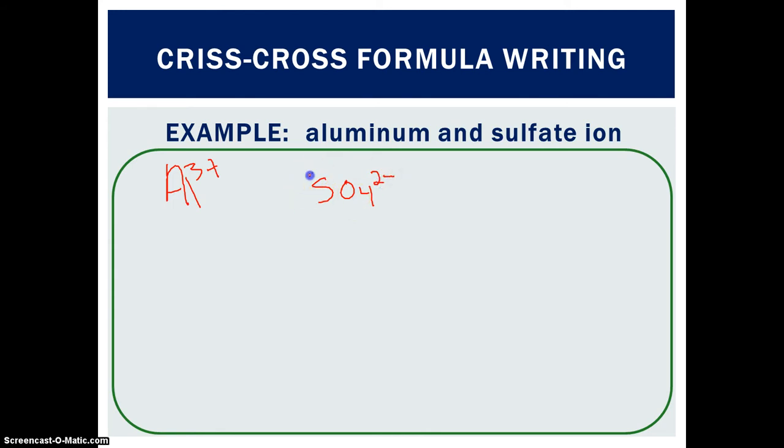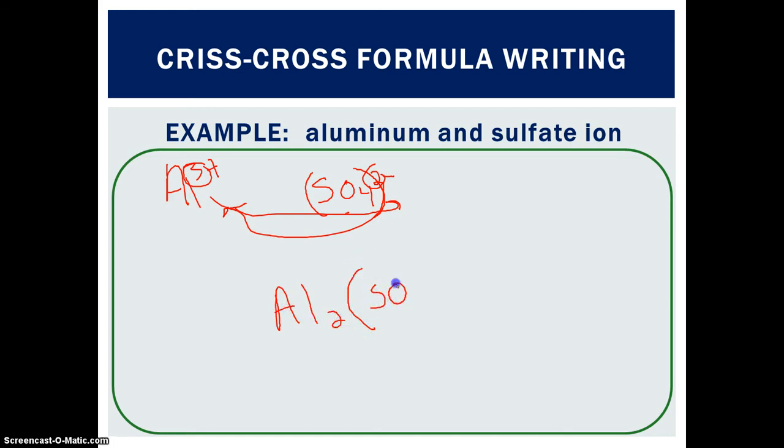Now by definition, the polyatomic ions stay together. To help you remember it needs to stay together, put parentheses around it. Now, I swap and drop the same way. 3 goes there, 3 goes there, 2 goes there. I end up with Al2, SO4 stays in parentheses, and a 3.